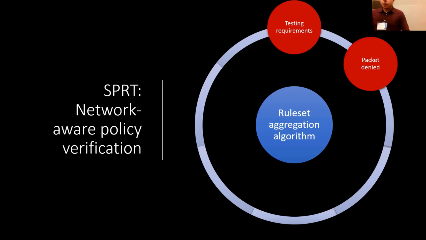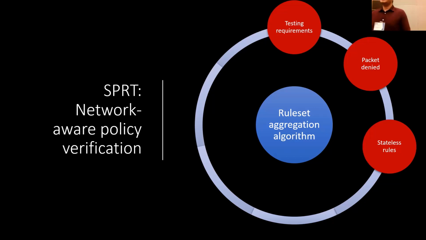SPRT yields an error when a device in the routing path denies a packet that is supposed to be a legitimate communication. It also checks for stateless rules, which are very common in firewalls. In case you have a stateless rule and you expect your destination to reply, there must be another rule in place to allow the responses to pass.